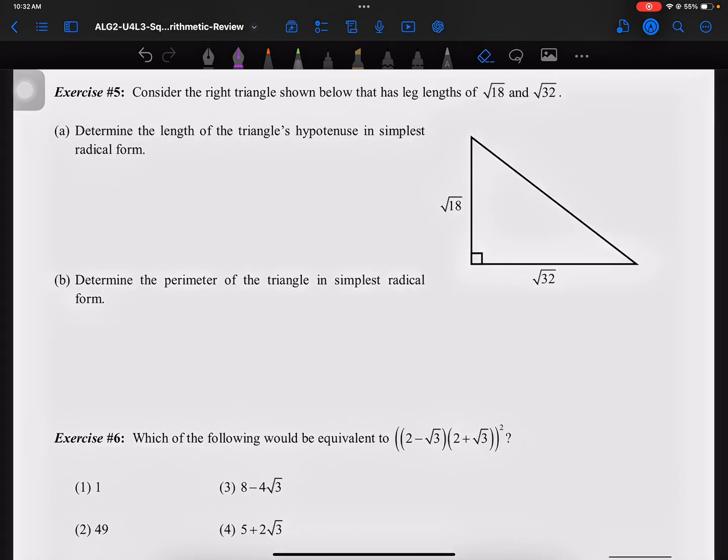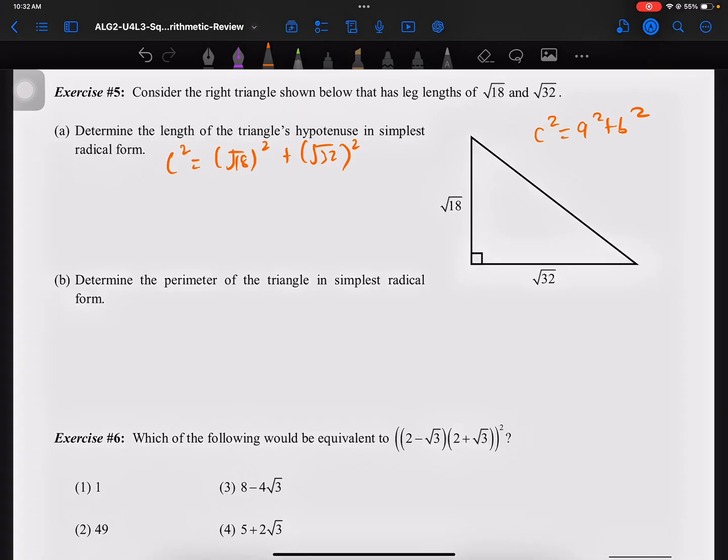Next, given lengths √18 and √32, find the hypotenuse C. So start with the Pythagorean theorem. We have C² equals √18² plus √32². Remember, C² is equal to A² plus B². So we square each leg and add.